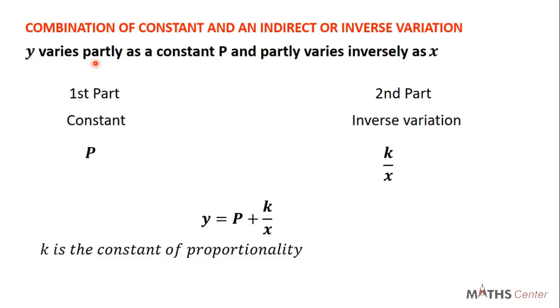So if y varies partly as a constant p and partly varies inversely as x, then y is equal to p plus k divided by x, where k is the constant of proportionality. So we are going to have two constants here: the first part of the variation, which is p, plus the constant of proportionality that we have introduced, which is k.